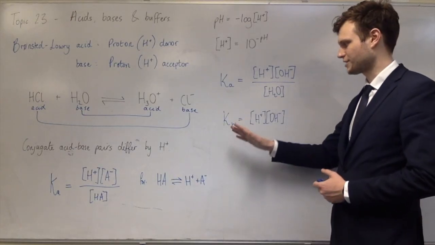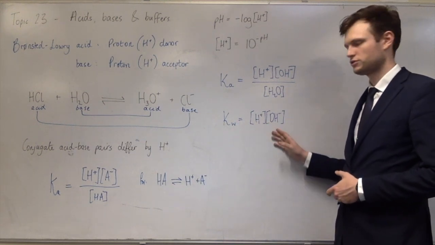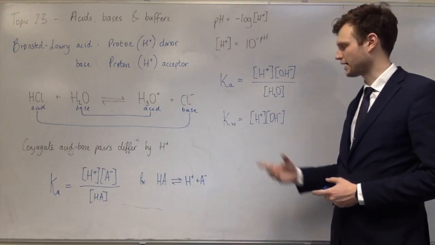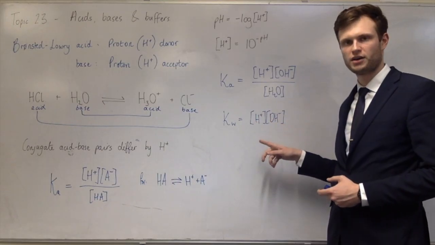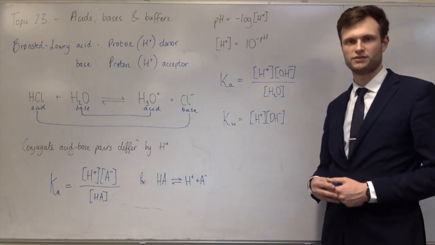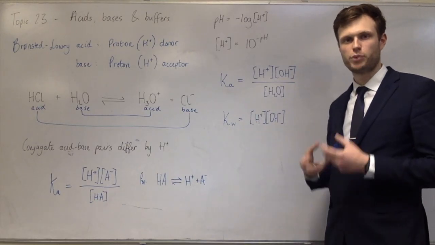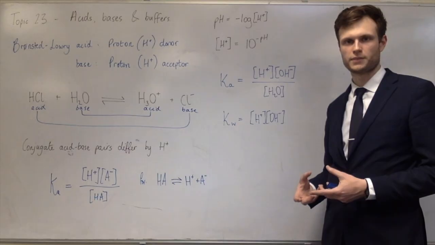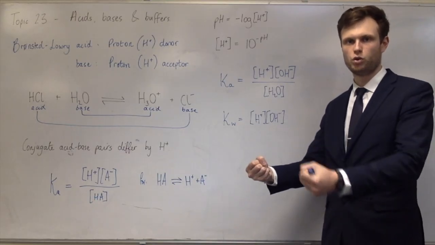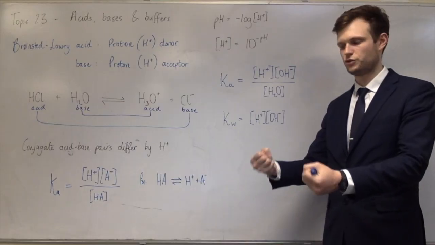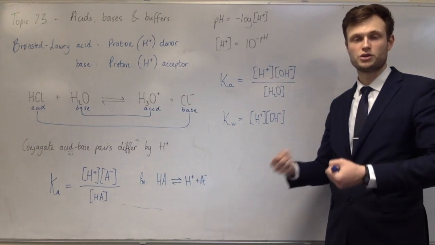And now we're almost done, so Kw is just the concentration of H plus ions times by the concentration of OH minus ions. And in pure water, H plus ions and OH minus ions are equal in their concentrations. And it's because the H plus and the OH minus both come from splitting up water. So if you split one water molecule up, you get one H plus ion and one OH minus ion. And so those concentrations have to be the same. And we know what they are because we know the pH of water.